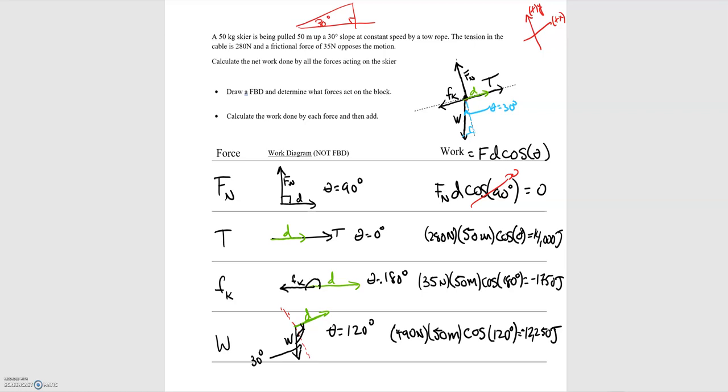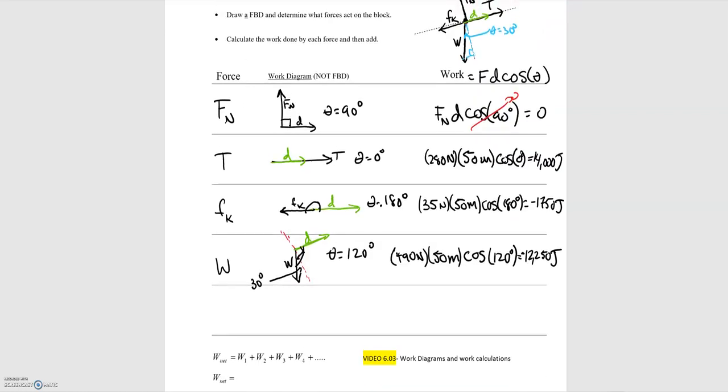So now we're asked to calculate the net work by adding up the work done by each individual force. And let's take a moment to think about what we expect the answer to be. Our system is the skier. The skier is at a constant speed, so the change in kinetic energy of the skier is going to be 0. So we expect the net work as a result to be 0.